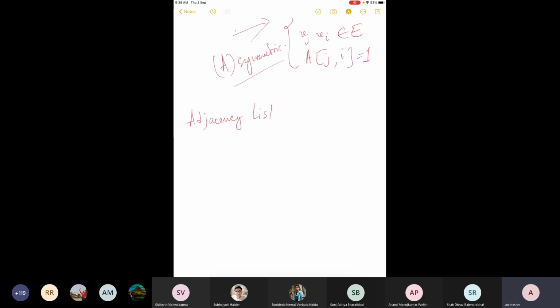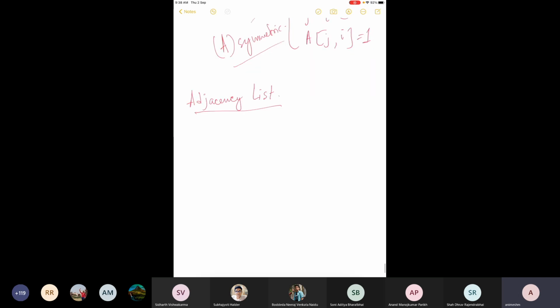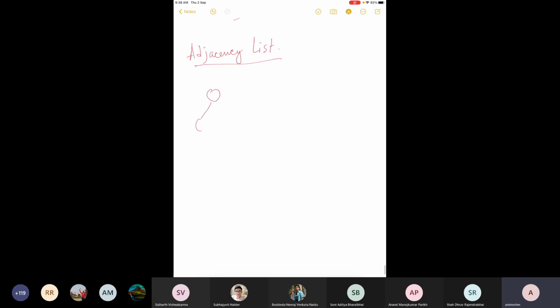Adjacency list. Now we will see the application of a list. This is one of the beautiful applications of a list in representing a graph.